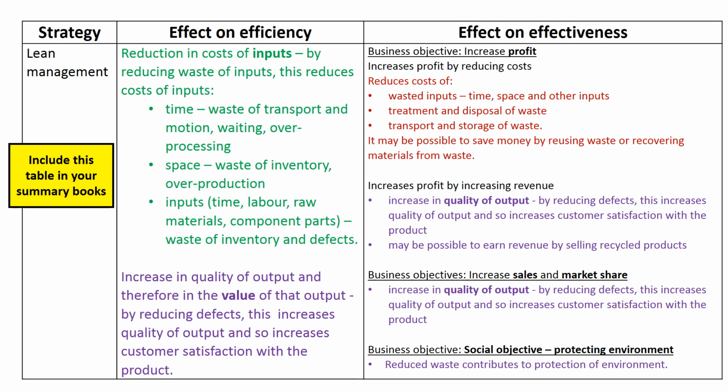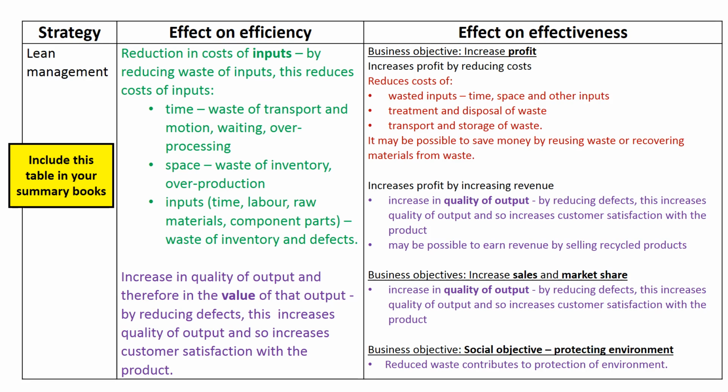By reducing the waste of a business, lean management also reduces the costs of the business in treating, disposing of, transporting, and storing that waste. In addition, the business might be able to save money by reusing waste or recovering materials from waste. This is because the business can use this waste and recovered materials in place of bought inputs.